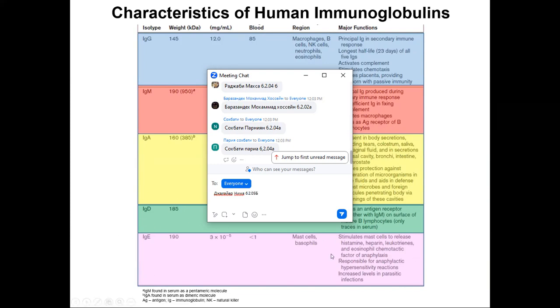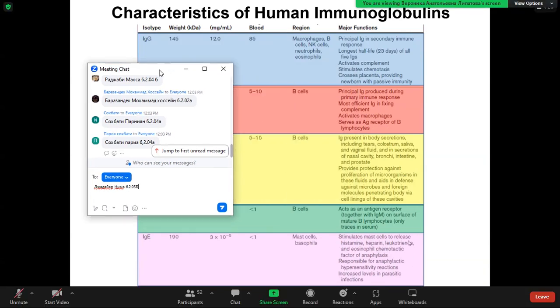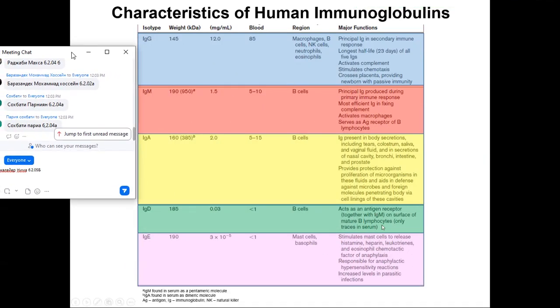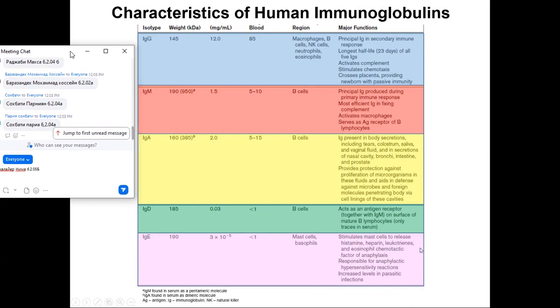Immunoglobulin E is the main immunoglobulin stimulating allergic reaction, stimulating mast cells to release histamine and so on, and responsible for anaphylactic reaction. Immunoglobulin D acts as antigen receptor on the surface of mature B lymphocytes. Not very important. The most important immunoglobulins are G, M, A, and E.